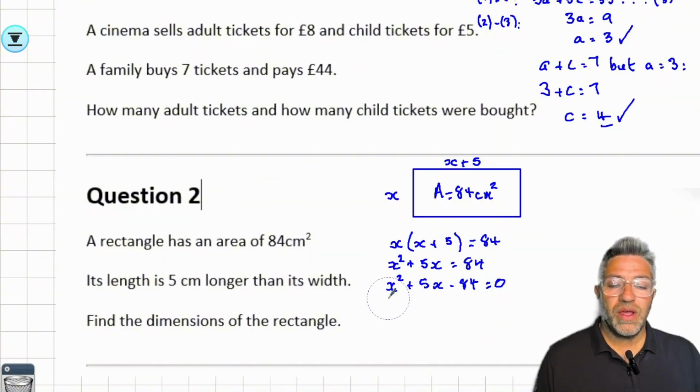Whenever possible, I do try to factorise, and we're quite lucky here, this one actually does. We have x plus 12 in brackets and x minus 7 in brackets. So our values for x are negative 12 and 7.